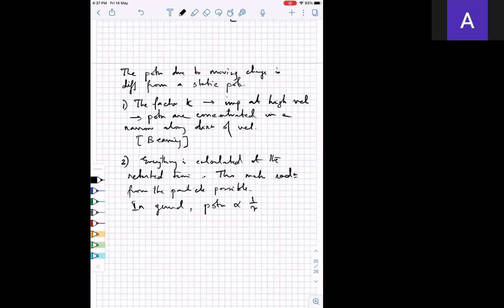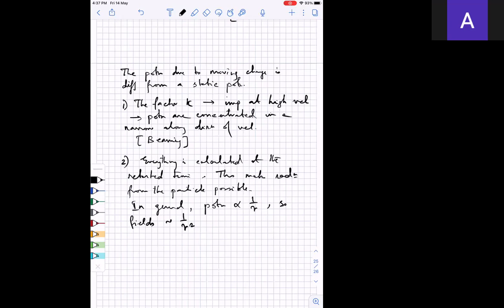So if I want to differentiate this potential to give the field, the fields fall as 1 by r squared, right? So basically if I have a static potential, then the field will fall as 1 by r squared. So your fields will die down very fast. It will not go far away.